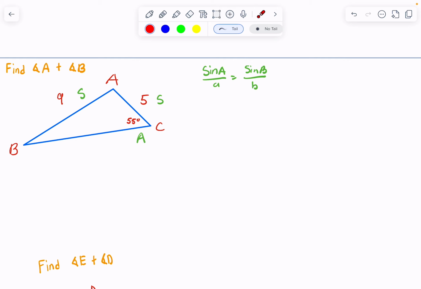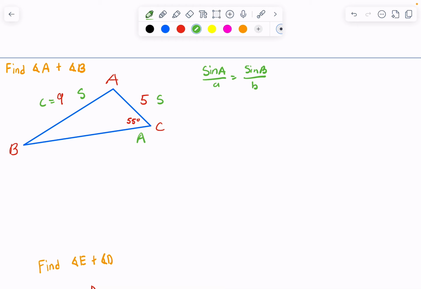So what I mean by that is let's take angle C for example. This is angle C's angle. The corresponding side would be across. So this would be angle C's corresponding side. So we can label that as C equals, in this case, 9 because that was given.